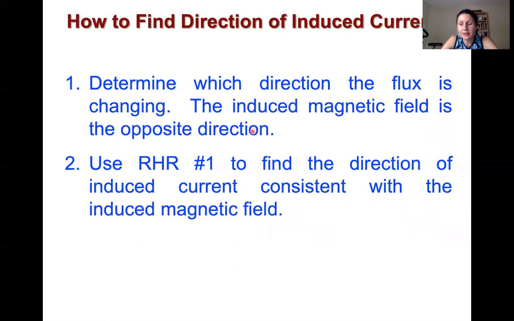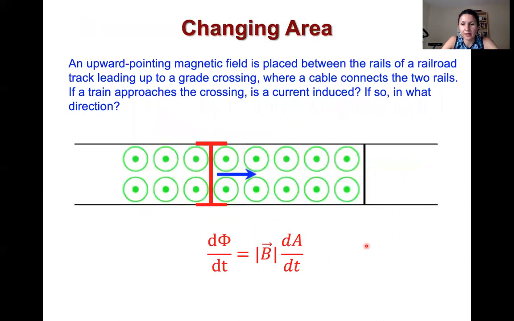So that's the first step. After that, you use right-hand rule number 1, except instead of knowing a current, you know the magnetic field. That will help you find the direction of the induced current, which is consistent with that induced magnetic field. We'll practice more with this because it's a really new concept to work with.